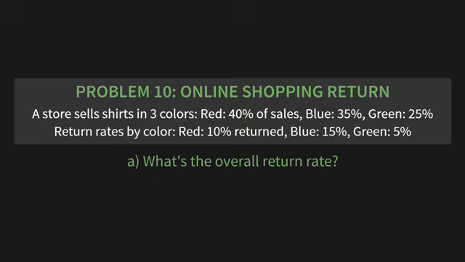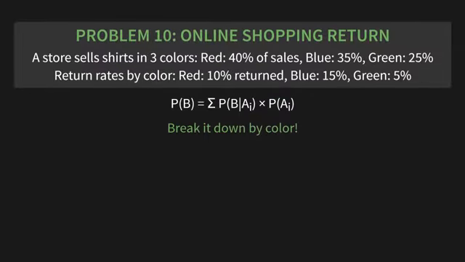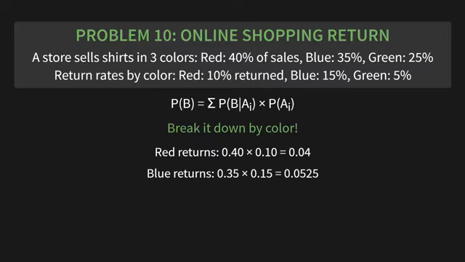So first question, what's the overall return rate for the store? This is the law of total probability in action. We need to consider each color's contribution to the total returns. Think about it like this. Red shirts are 40% of sales, and 10% of those get returned. Blue shirts are 35% of sales, but 15% come back.